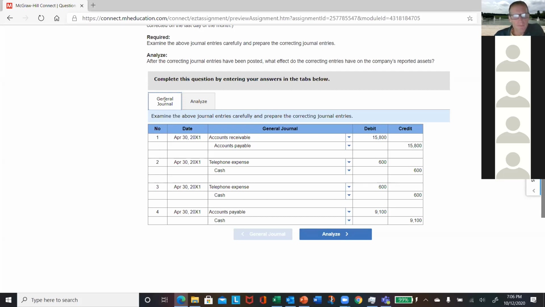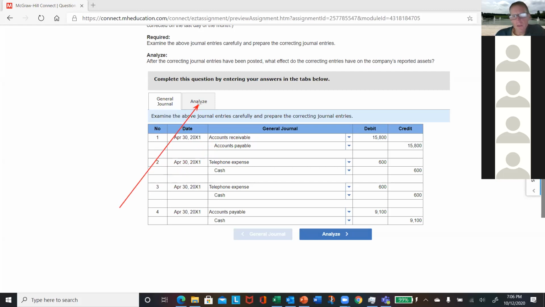For example, on this first one, you debited accounts receivable and credited accounts payable to fix the entry. Well, accounts receivable is an asset and accounts payable is a liability.